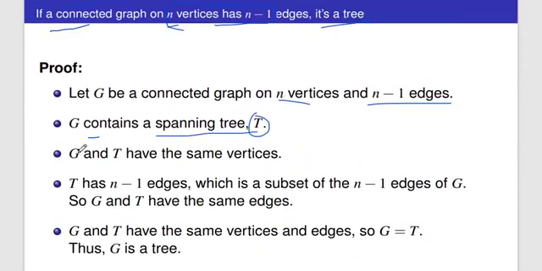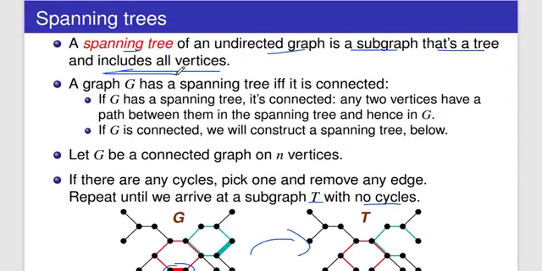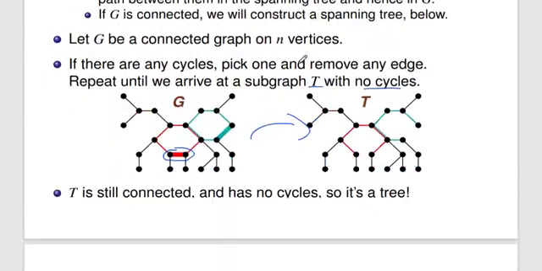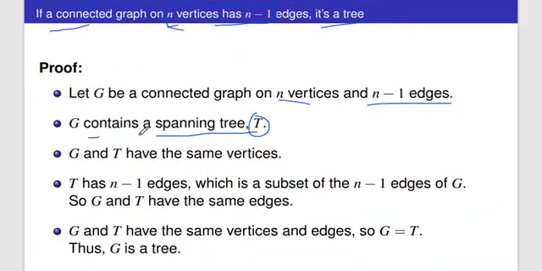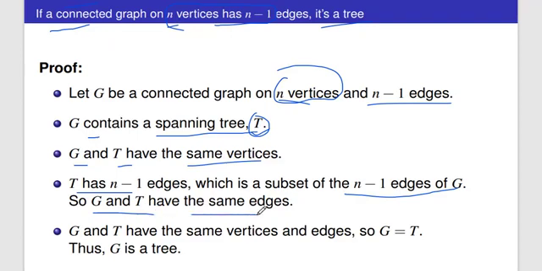Now we already know that a spanning tree has all the vertices, so G and T have the same vertices. If T is a spanning tree, then T has n minus 1 edges, because T has n vertices, and its edges are a subset of the n minus 1 edges of G. So G and T have the same edges.